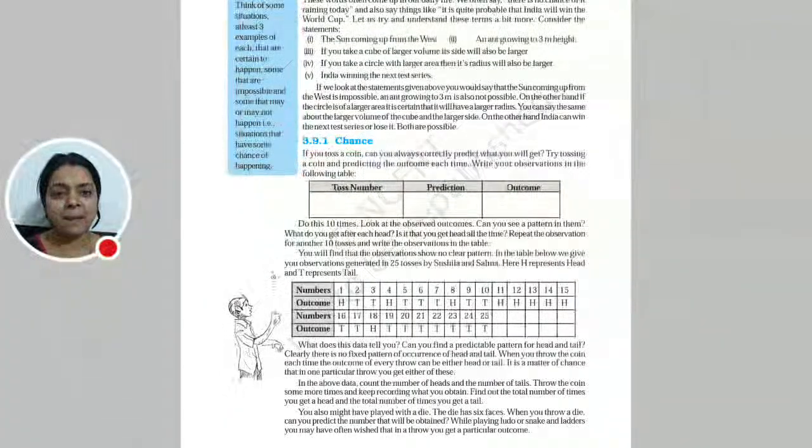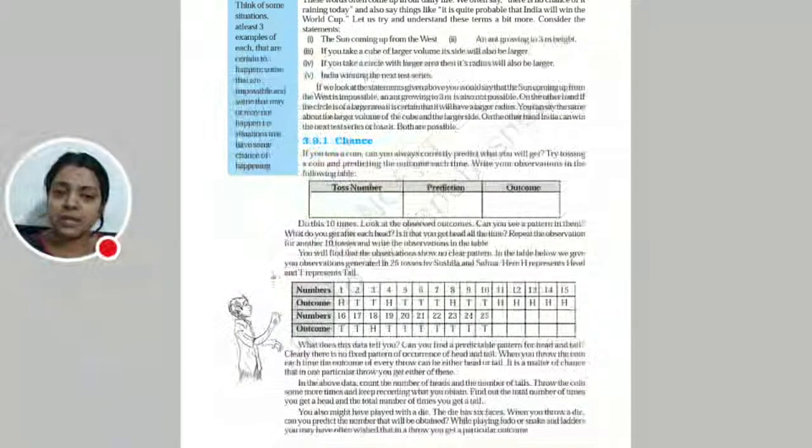So in this case, what happens? Either you will get head or you will get tail. There is no other option, right? So the chances are only two, because there are only two sides of the coin. The same applies in cricket.